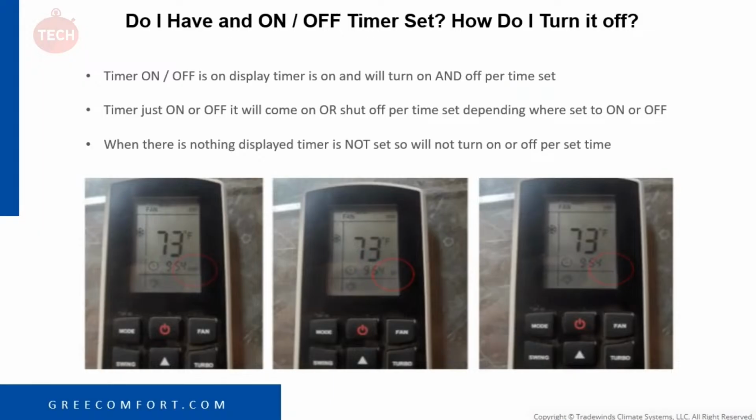If it says on/off, that means there's an on and off timer set. All you have to do is hit the timer button, and it'll go through on, off, on/off, or blank. If it's blank, that means no timer is set. So if your unit is turning off for no reason you can think of, it would be because you have an off timer set. Keep that in mind.